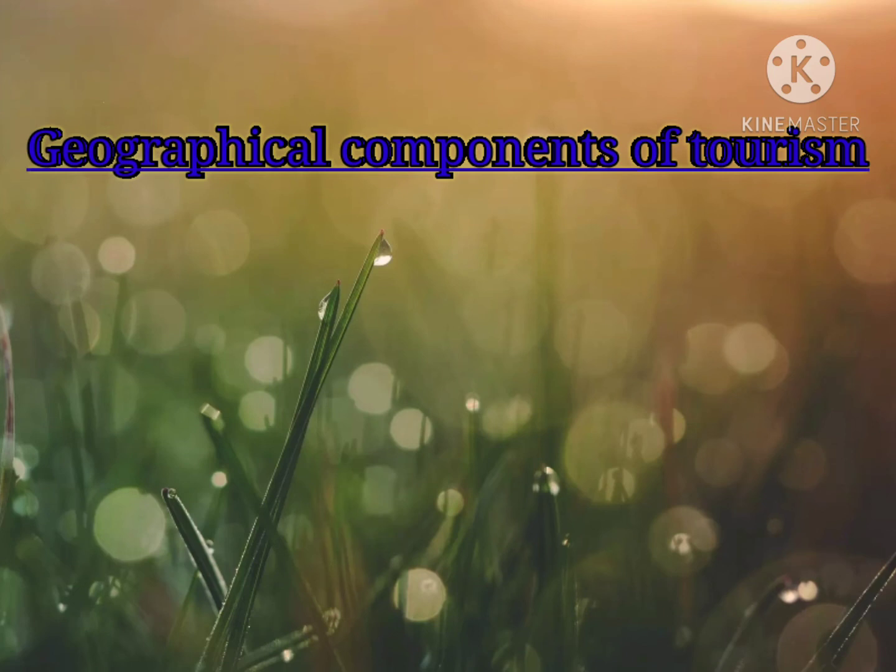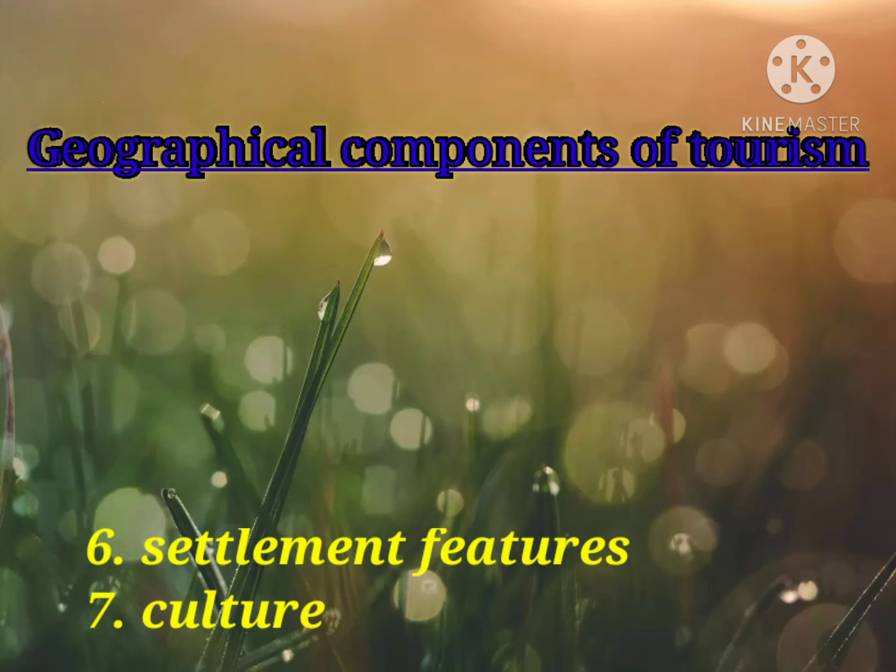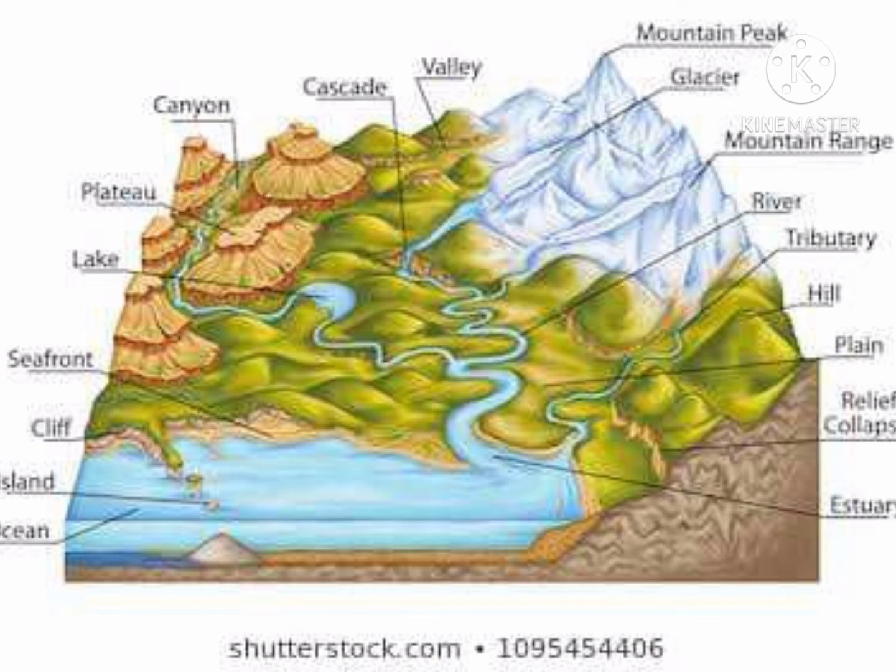Next, some geographical components of tourism. First one is landform, water, vegetation, climate, animal life, settlement features and culture. First one is landform. There are different kinds of landform.